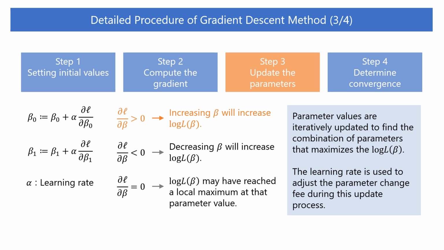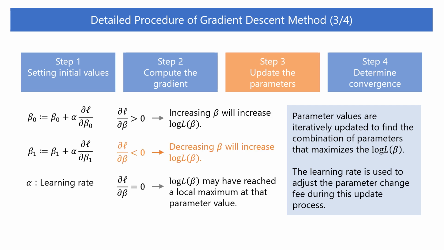This implies that increasing the value of the current parameter may increase the log likelihood. In other words, increasing the value of that parameter is expected to improve the fit of the model and move in the direction of maximizing the log likelihood function.